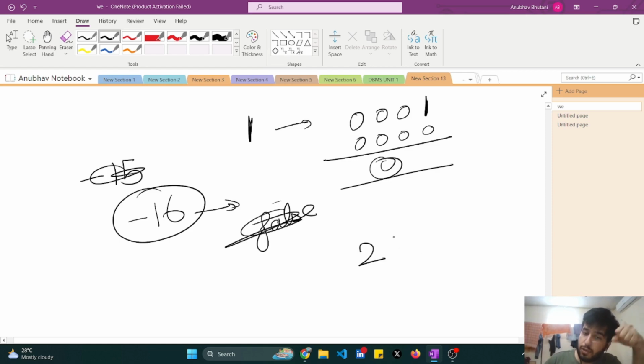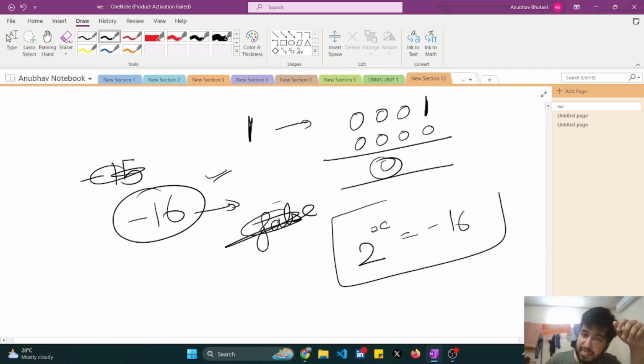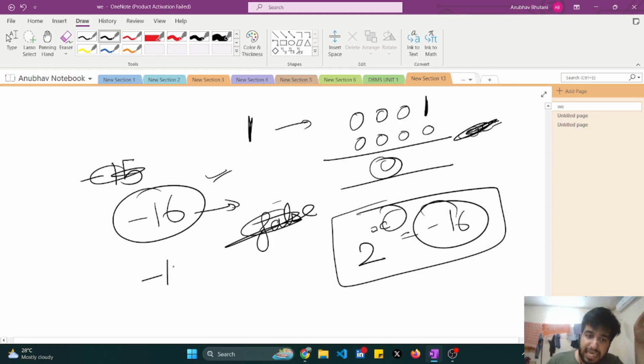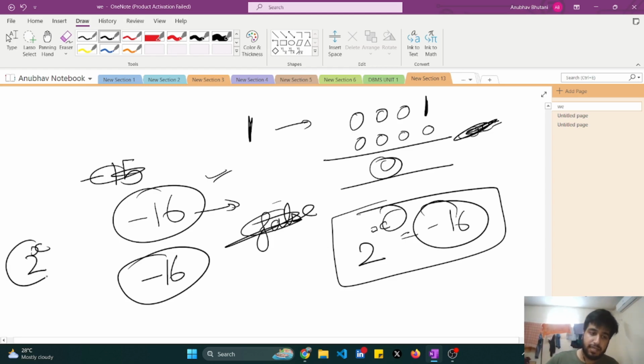For any negative number, as you can see, 2 raised to power x is equal to minus 16. No matter what value you put for x, this value is not going to come. So minus 16 cannot be formed by any 2 raised to power x value.